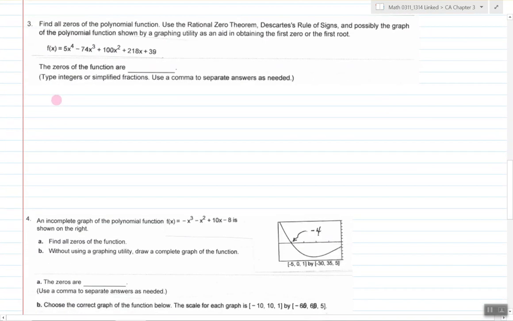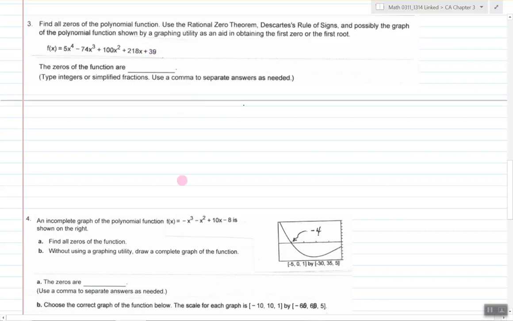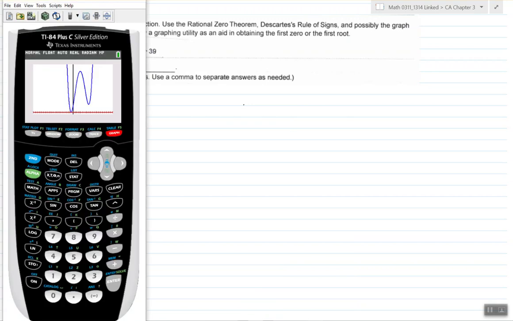All right. Number 3. I'm going to go ahead and give myself some space right away. I cannot tell by beginning this whether I will have that same situation, but I'm ready for it if I do. The first thing I want to do is put it in the grapher.